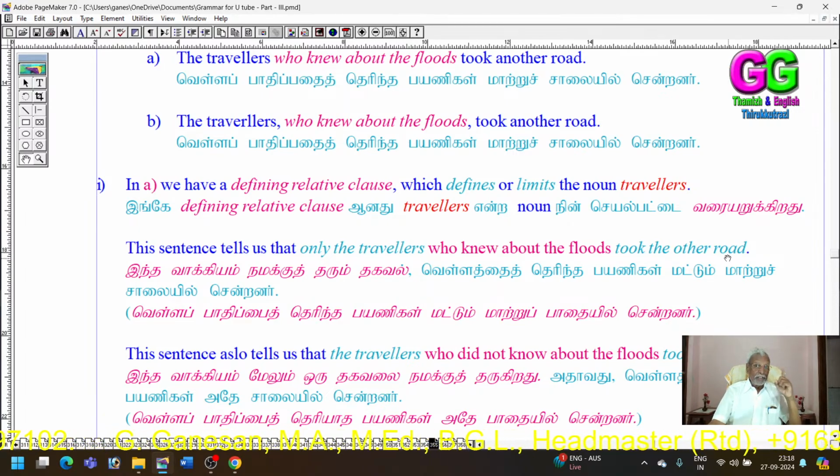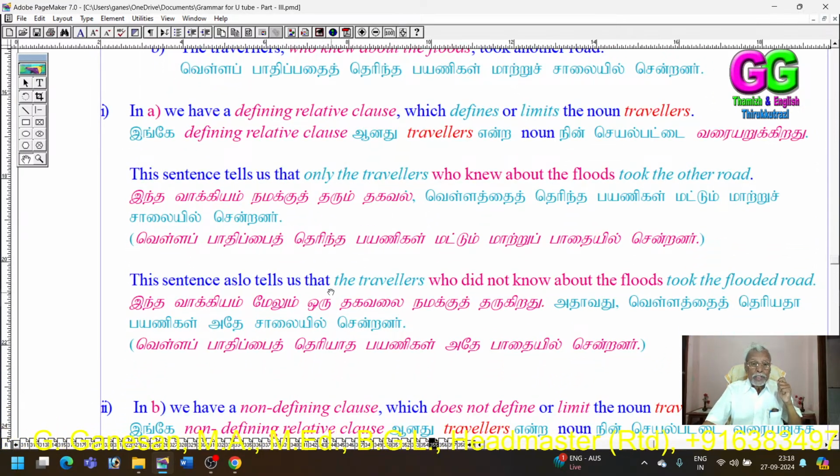The defining relative clause sentence, the travelers who knew about the floods took another road, has one meaning: the travelers who knew about the floods took another road. It also tells that the travelers who did not know about the floods took the flooded road.